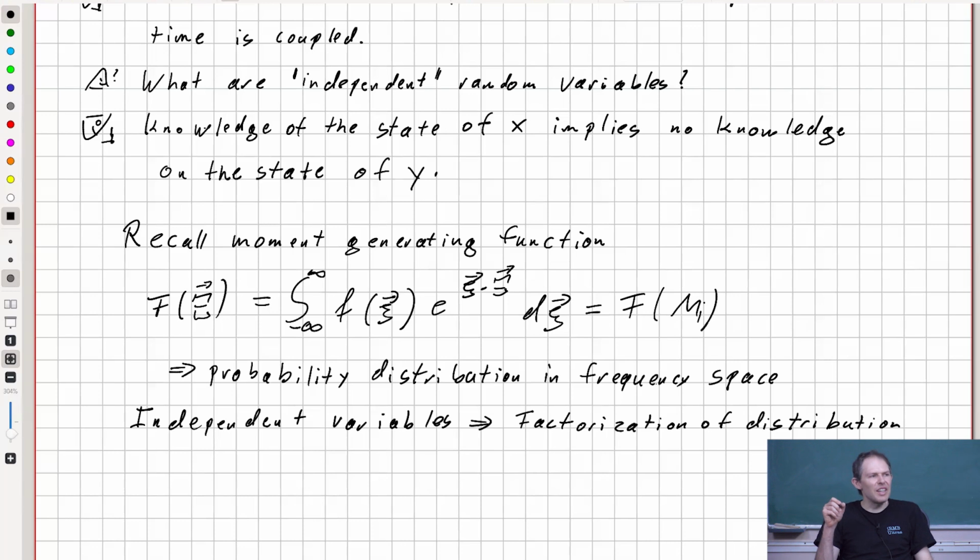So you are certainly aware that if there are independent events coming together, this is very important, because events are very, very often not independent.